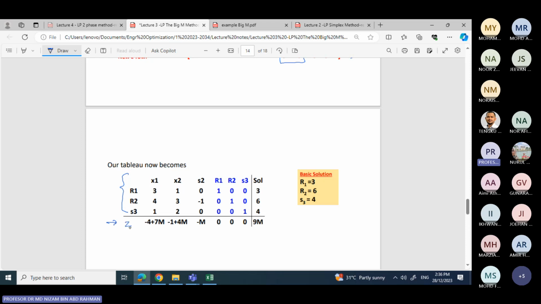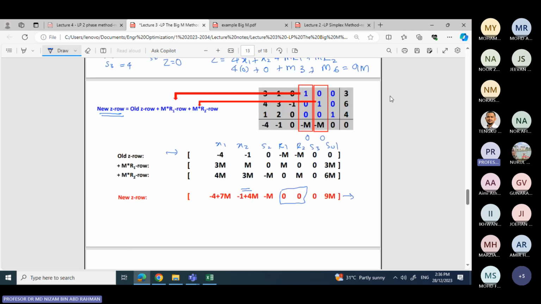So this is the Z, so this is the new Z row. How do we get this? Using the operations that we did just now. This operation, which is new Z row is equals to old Z row plus M R1 row plus M R2 row, right?